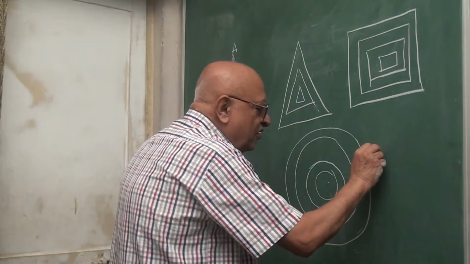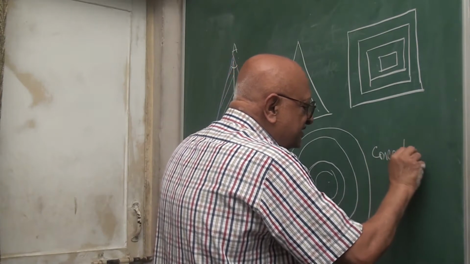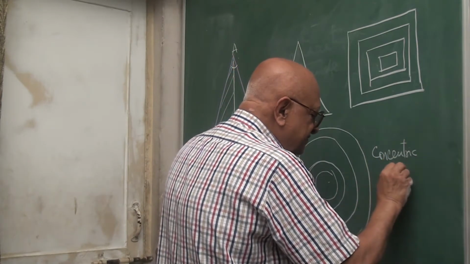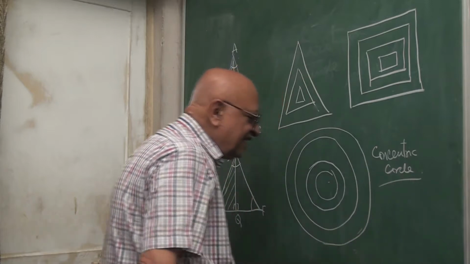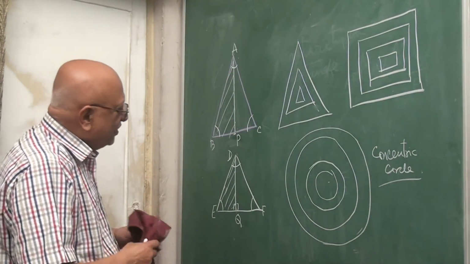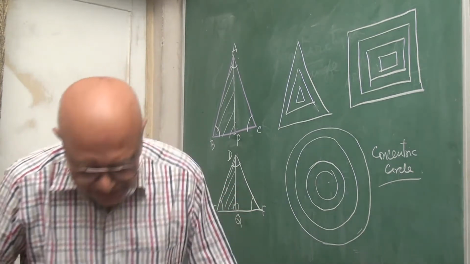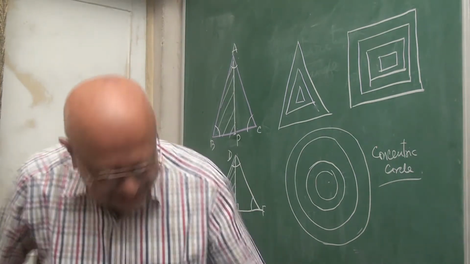These are also called concentric circles. So this is the knowledge you require in order to know similarity. Let us do some sums on similarity.